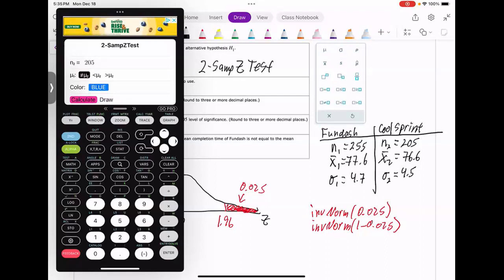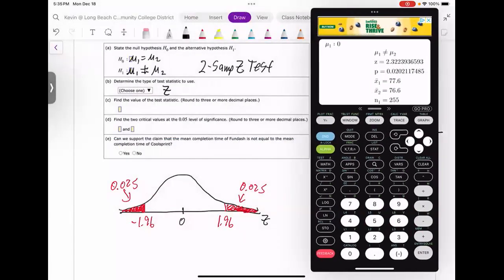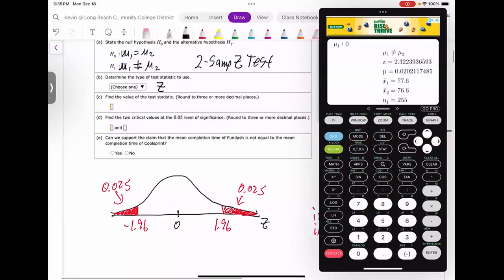And here we go. There is our z. Our test statistic is about z equals 2.32239.